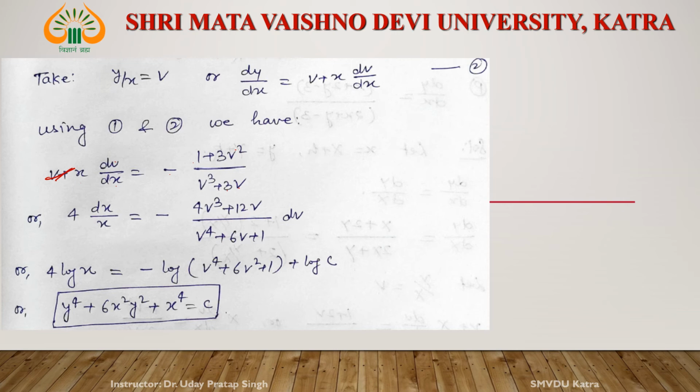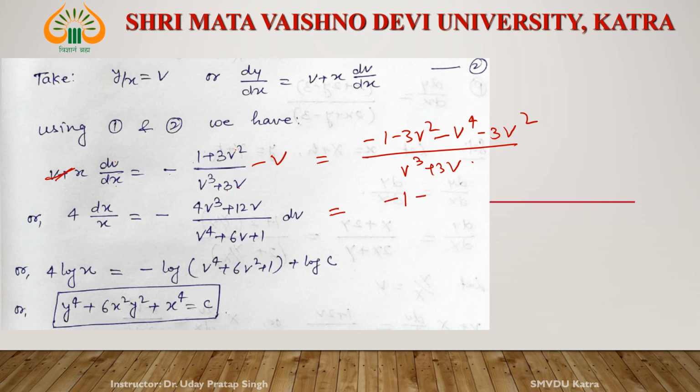Now this minus v. Okay, and this is equal to 1 minus v square minus v to the power 4 minus v square, and this thing v to the power 3. So this becomes minus 1 minus 6v square minus v to the power 4, divided by v cube plus 3v.